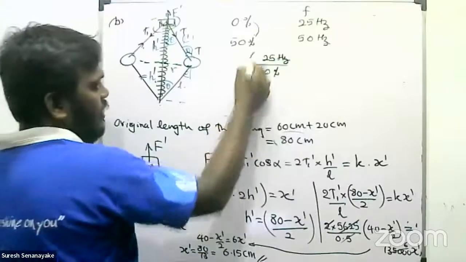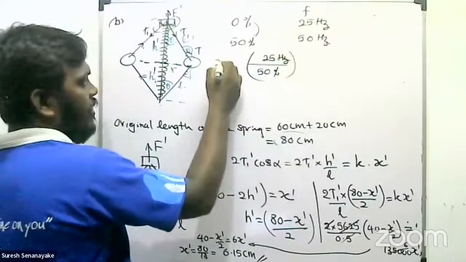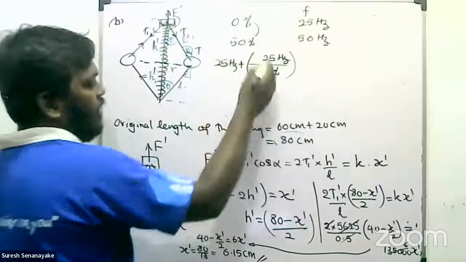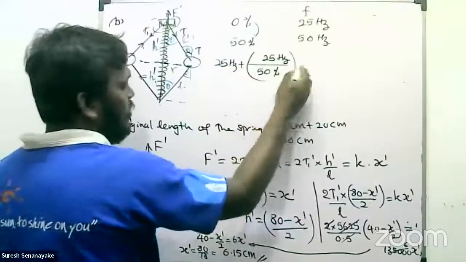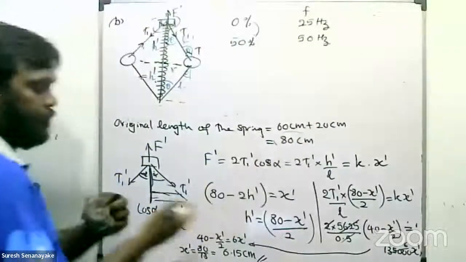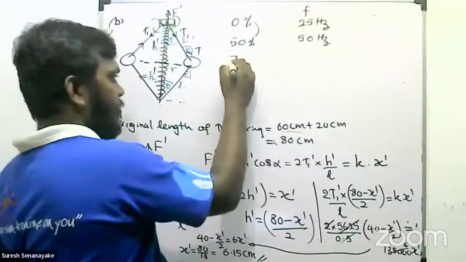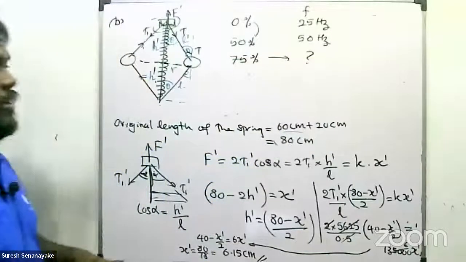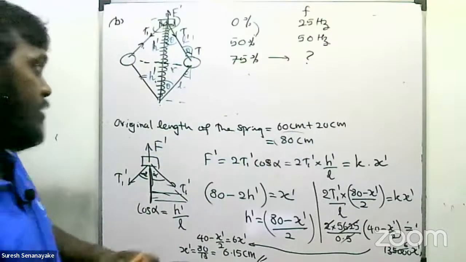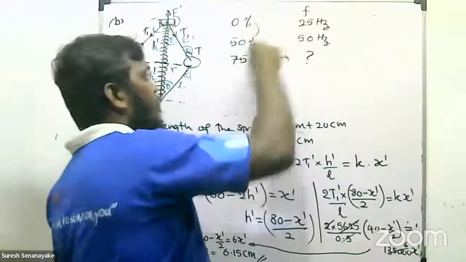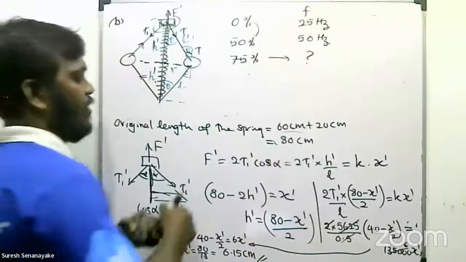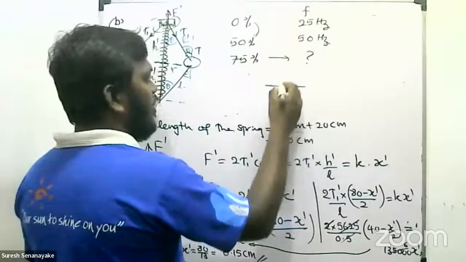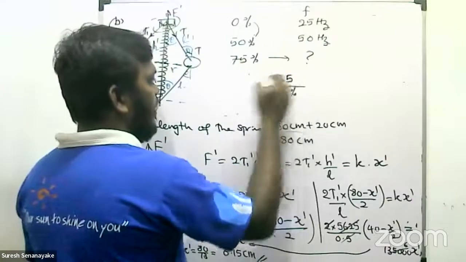That initial one is 25 hertz, then 25 hertz added, that's the 50% block. They are asking what is for 75, right? For the 50% block increase, the frequency increased by 25 hertz.